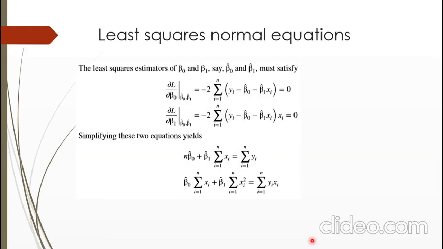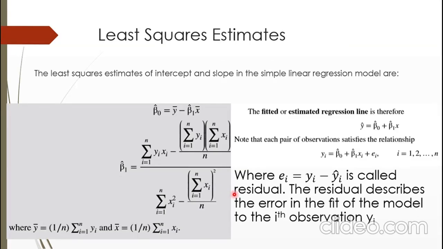And the least squares normal equations are like this. For least squares estimates, to estimate the intercept and the slope, we can use the formulas like this.